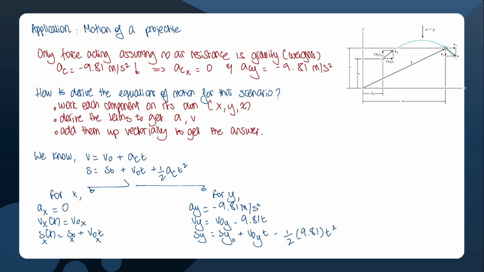Now it is useful to know the number of independent equations we actually have in the case of the motion of a projectile. Remember, we've said that we have three fundamental equations of motion, but only two of them are independent.